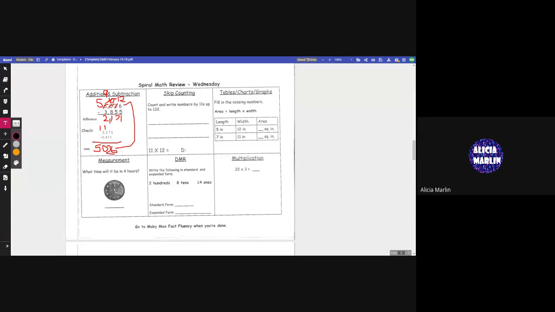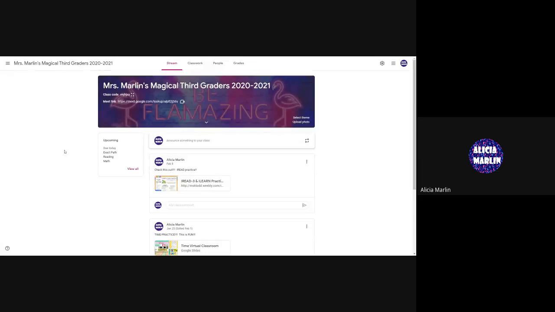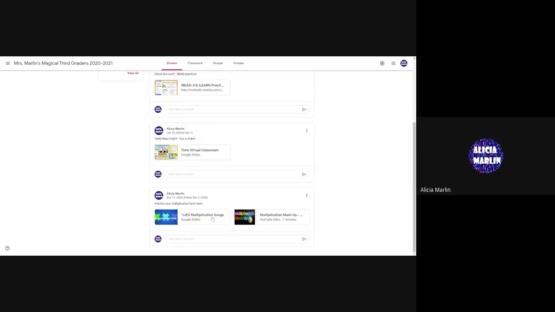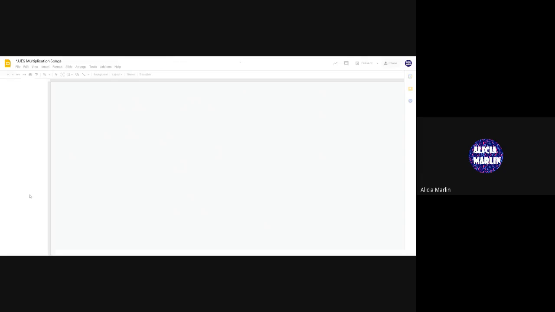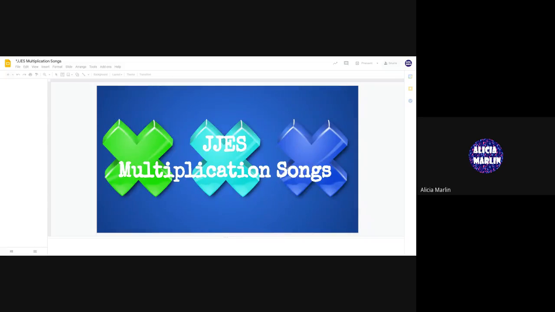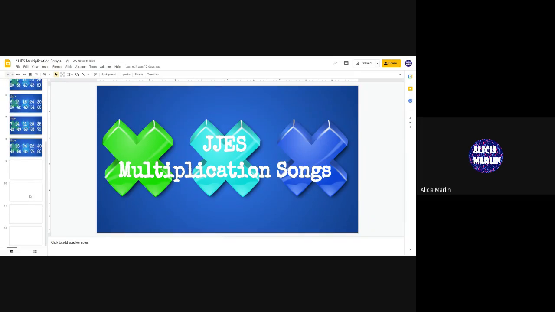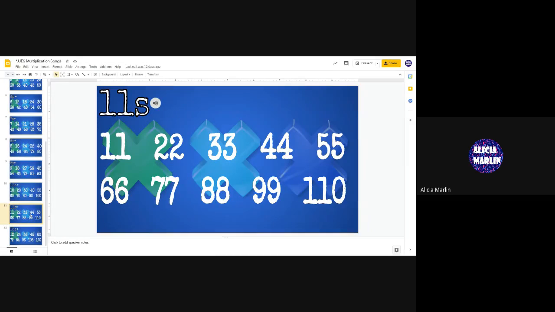All right, box 2. Count and write numbers by 11 up to 132. I'm going to jump over here to our classroom, to the stream, and scroll down. And we're going to do our 11s. There they are. 11, 22, 33, 44, 55, 66, 77, 88, 99, 110.